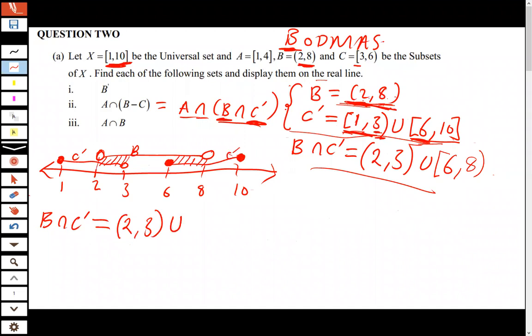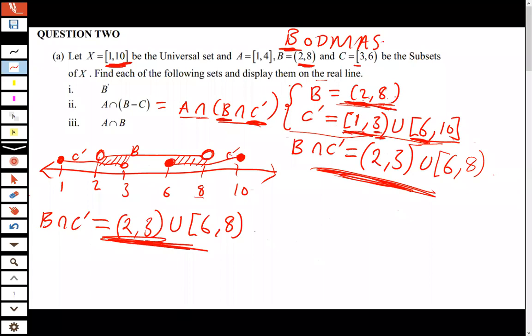Then I'll say union, it's closed at 6, so I'm going to close at 6, and then it's open at 8. So I'm going to open at 8. You can see that the same answer which I got here is exactly the same answer which I've gotten using the number line. After finding B intersection C complement, we can now intersect this same set with A.